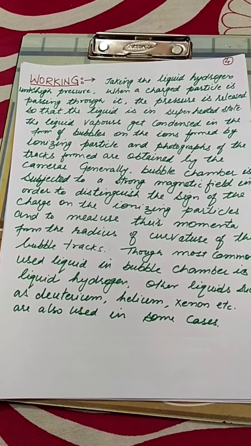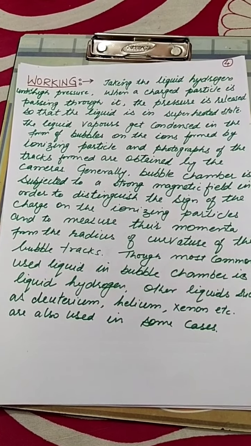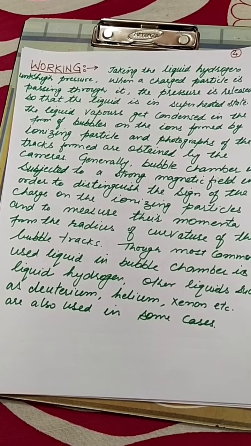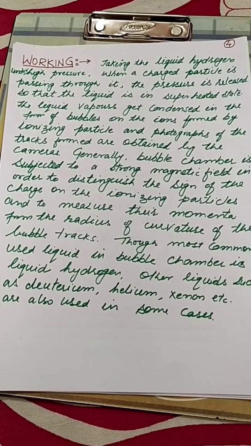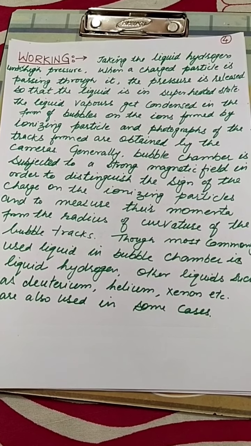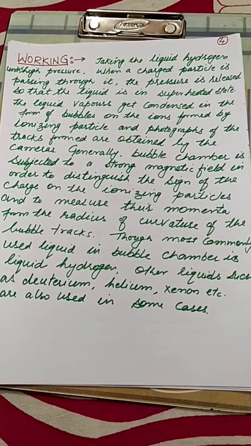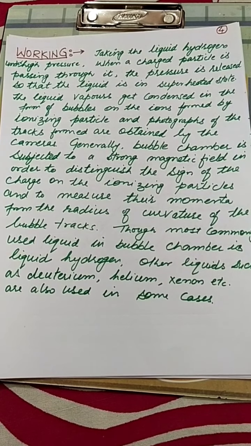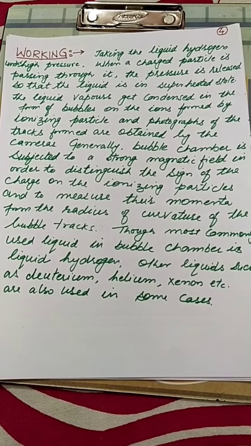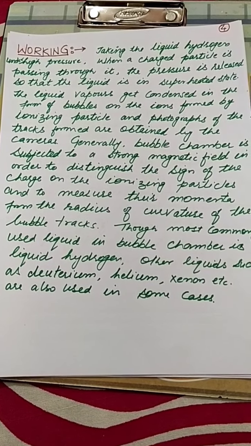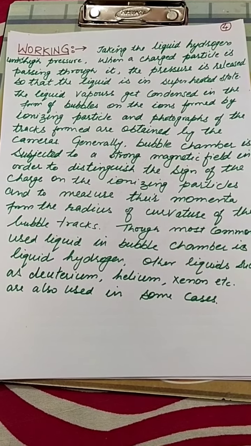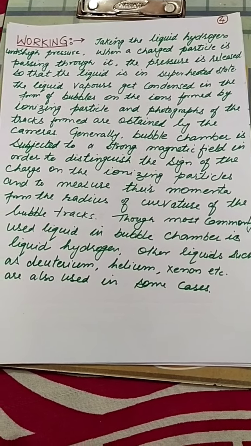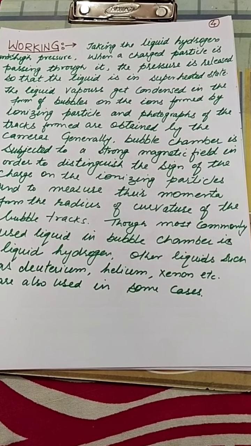Working. Initially, the liquid hydrogen is kept under high pressure, but when a charged particle is passing through it, the pressure is released so that the liquid is in a superheated state. The liquid vapors condense in the form of bubbles on the ions formed by the ionizing particles, and photographs of the tracks are obtained by the camera.